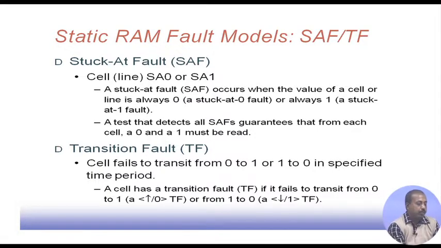This is written as rising, stuck at 0, and 1 to 0 as falling. Previously the bit was 0 and now it is trying to rise, and here it means that previously the bit was 1 and now it is trying to fall.